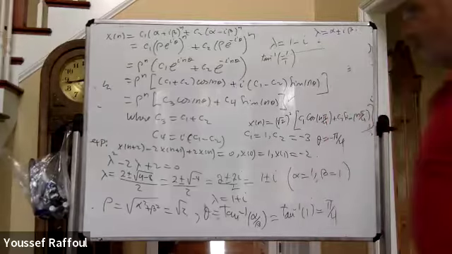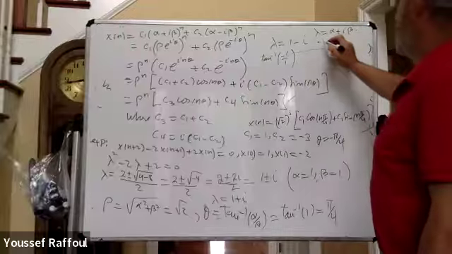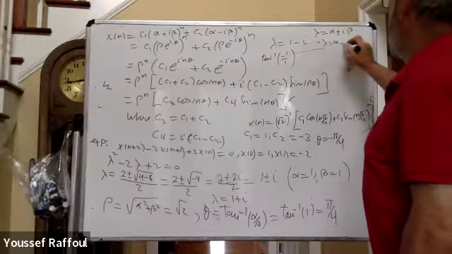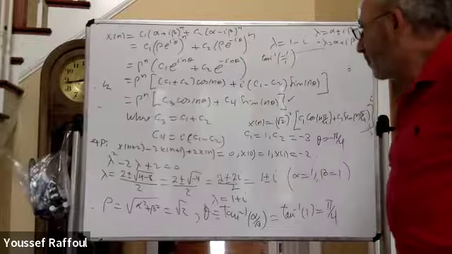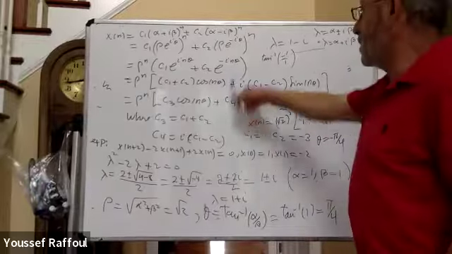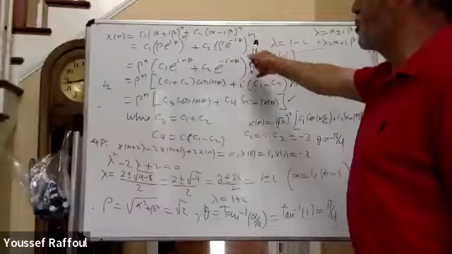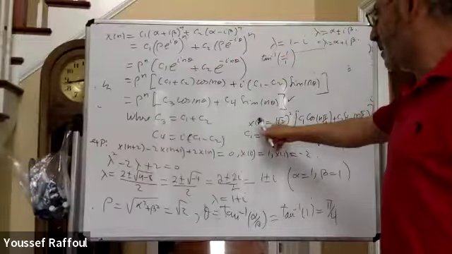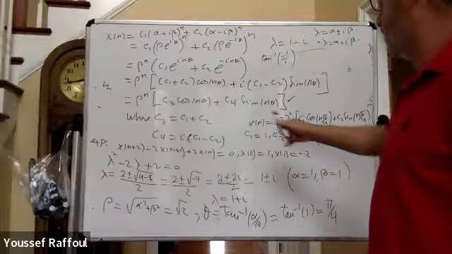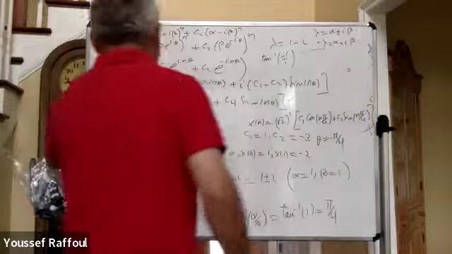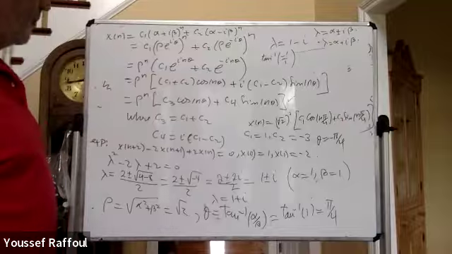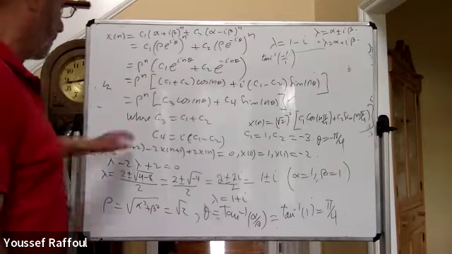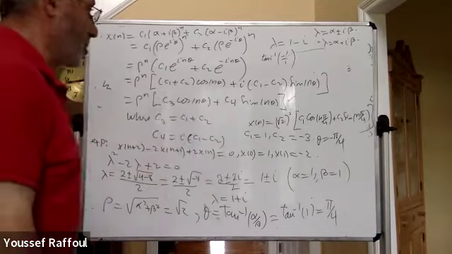I chose lambda equal alpha plus i beta, not minus i beta. And we wrote down the solution. Here is the general solution, where rho is the square root of alpha squared plus beta squared. And we wrote the solution like that.